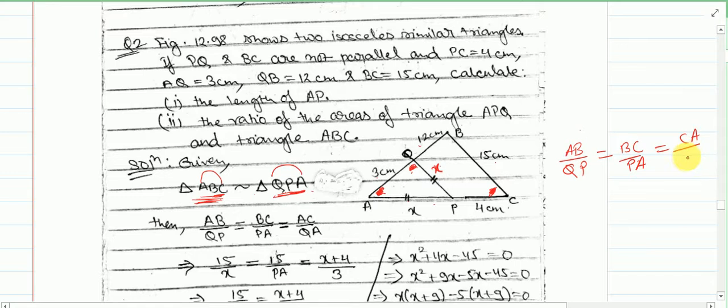So if they have already mentioned that the given triangles are similar, the order in which they mention the letters, from there you can easily write which sides are proportional to each other. Clear?